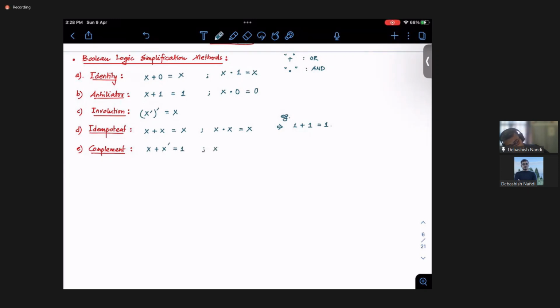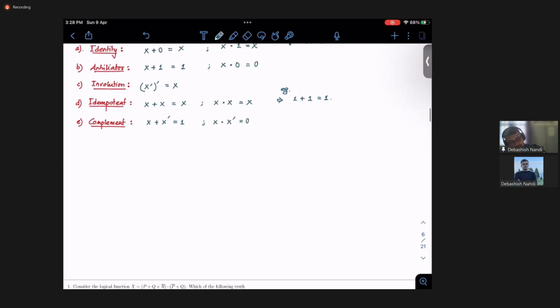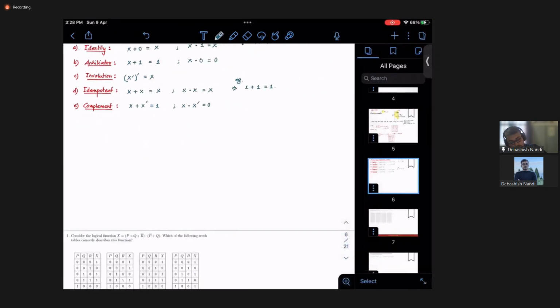And similarly, if you AND x and x not, it will return 0, because the intersection between some space and whatever is not in that space is nothing but 0. So that is how the complement property goes.